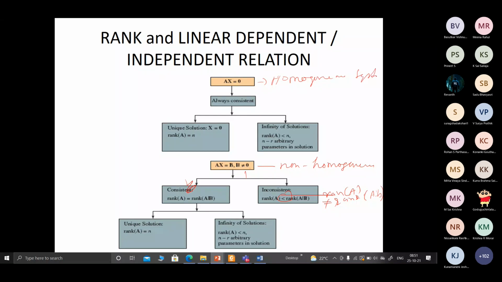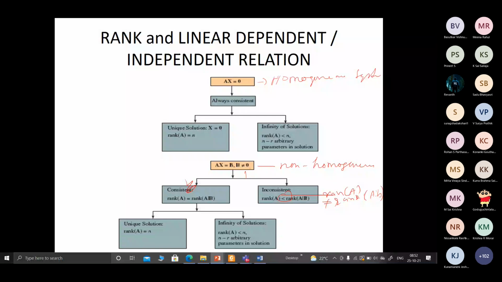In a homogeneous system, it is always consistent. That means at least x equal to 0 is a solution. Whereas in the non-homogeneous case x equal to 0 is not a solution, because you will get 0 equal to b, which is not satisfied. But here x equal to 0 gives 0 equal to 0, so it is always consistent. And there are two possibilities.